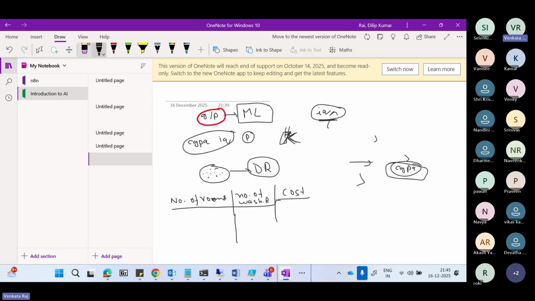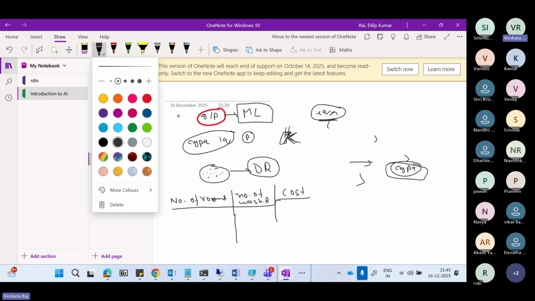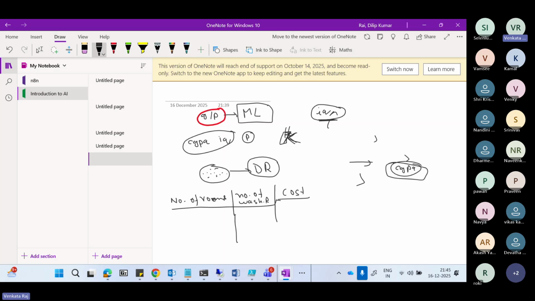So if you plot this, what the ML model will do is try to draw a pattern between the input. What is the input? Number of rooms, number of washrooms and cost.